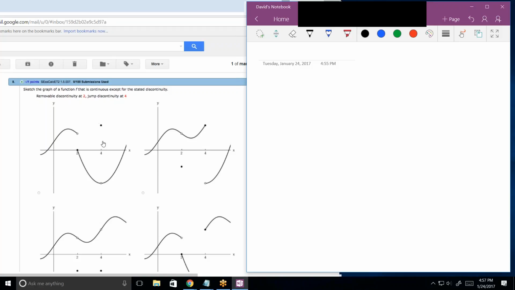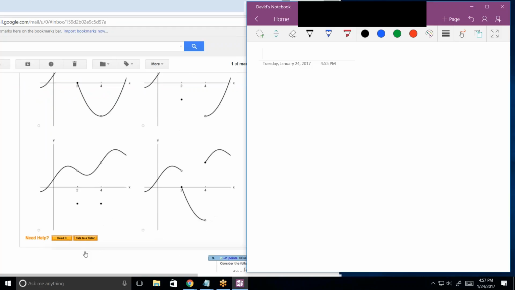The top left appears to have both of them as jump discontinuities. The top right has a jump discontinuity. That's not it. The bottom left, that messed up my thinking.